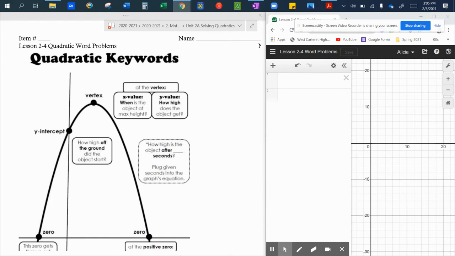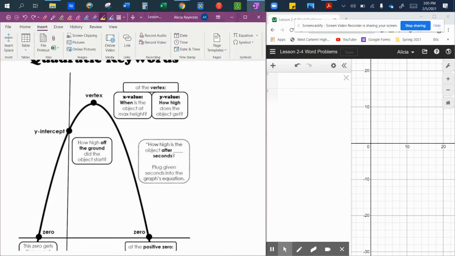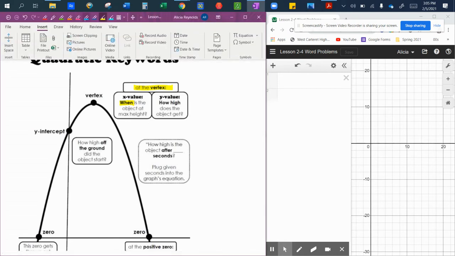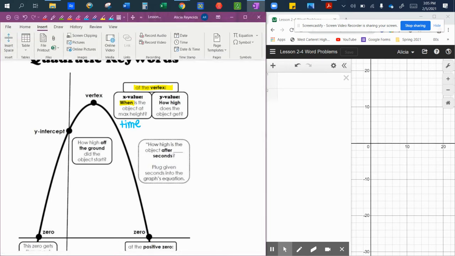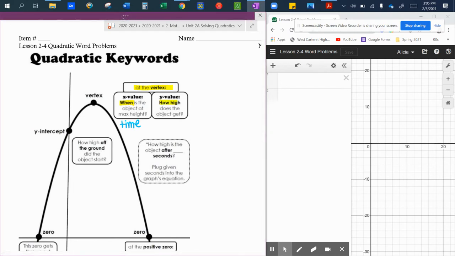So when I'm looking at my vertex, we have our x value is always when. It's always going to represent time. My y value is always going to represent height.